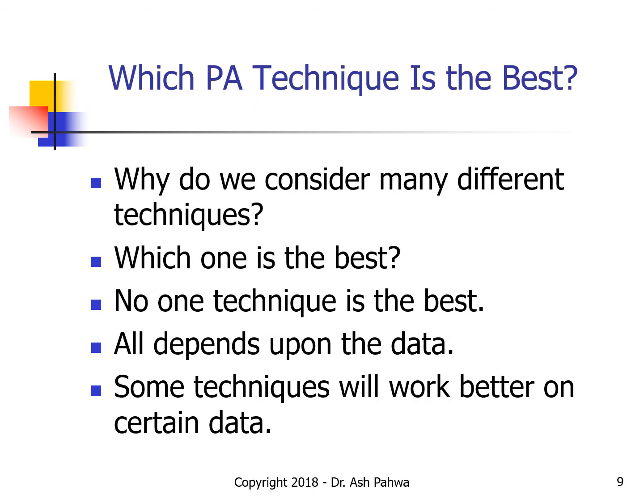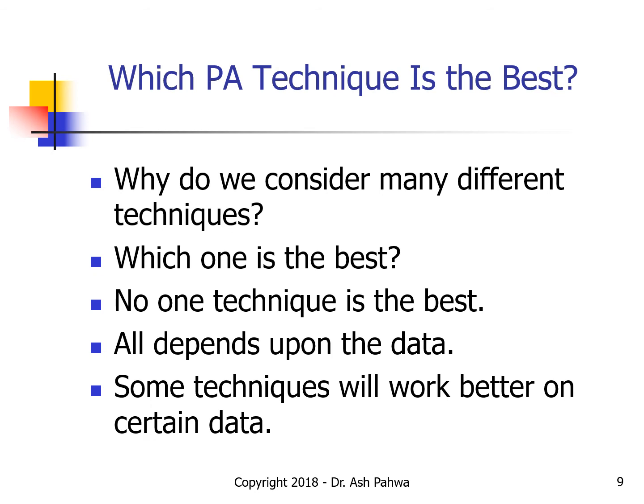Since we have 11 predictive analytics or machine learning techniques, which one is the best? Why do we consider so many different techniques? Somebody may ask why we can't just select the best one, stick with that and throw away the remaining 10.